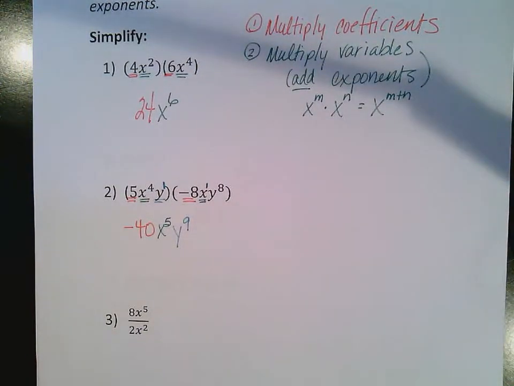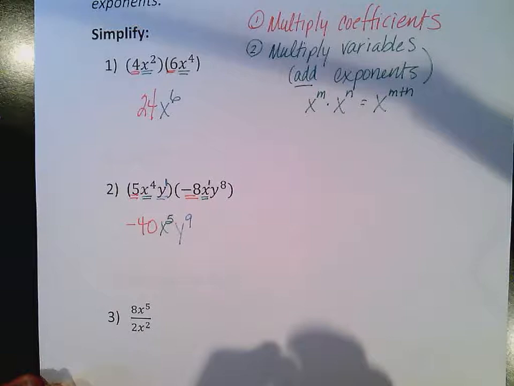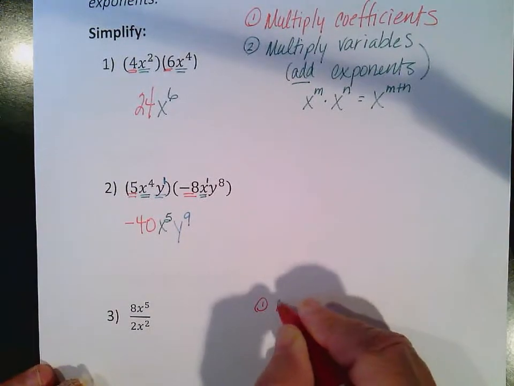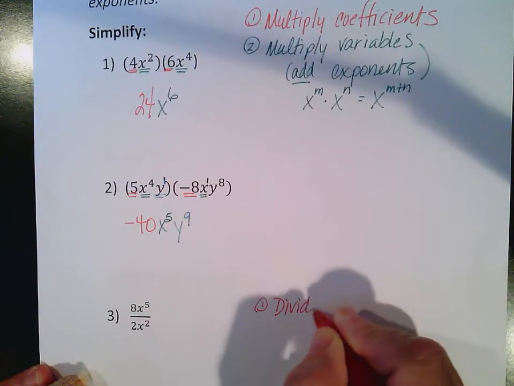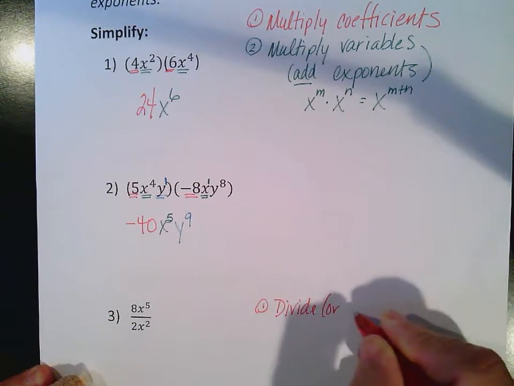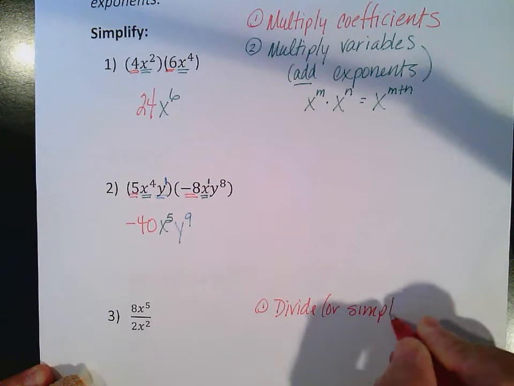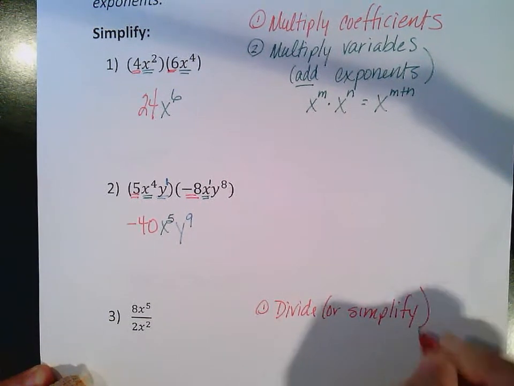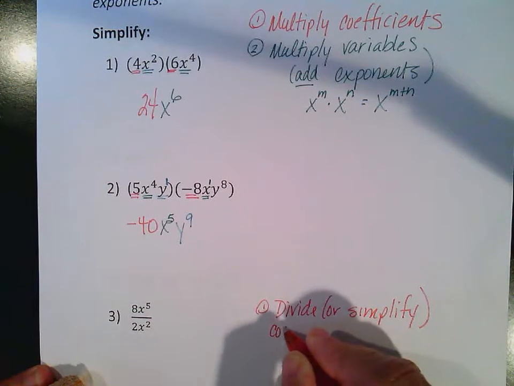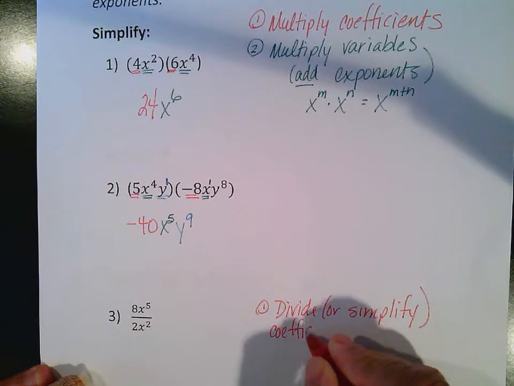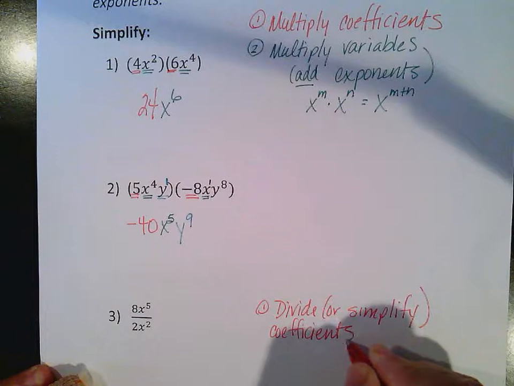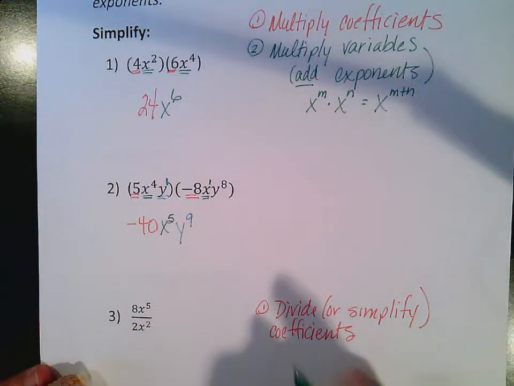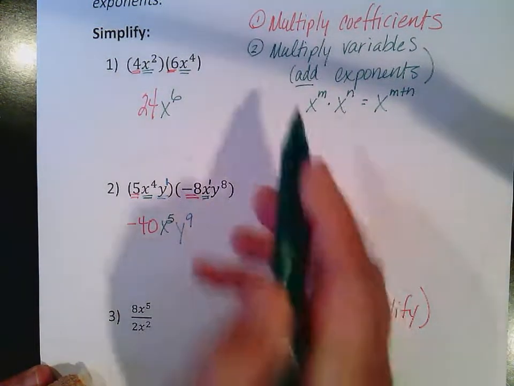When we divide terms, we divide or simplify the coefficients. But on our variables, when we divide variables, just like when we multiplied, we added.